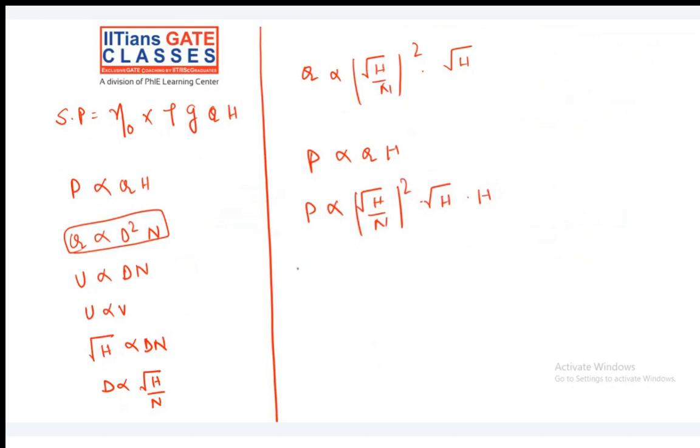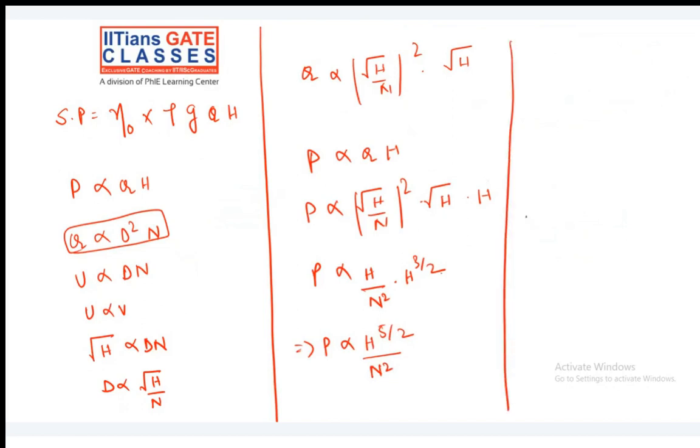So let us solve this one. So now can I say that P is proportional to H to the power 3 by 2 plus 1, H to the power 5 by 2, right, upon n square.